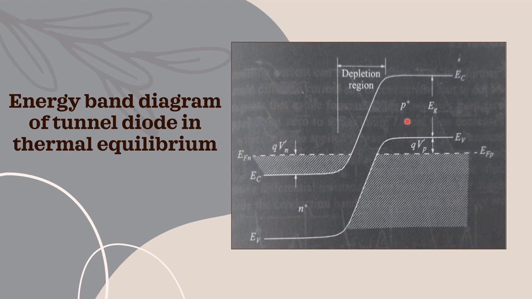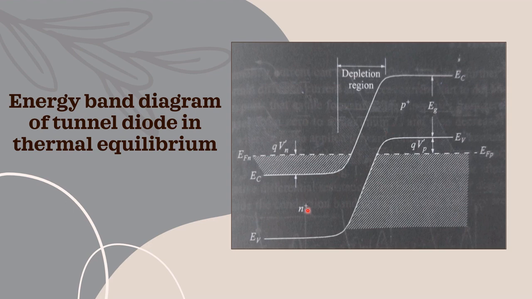Because we know a tunnel diode consists of a simple PN junction in which both the P side and N side are heavily doped with impurities. That means both sides are degenerated. That's why we get a sharp transition.